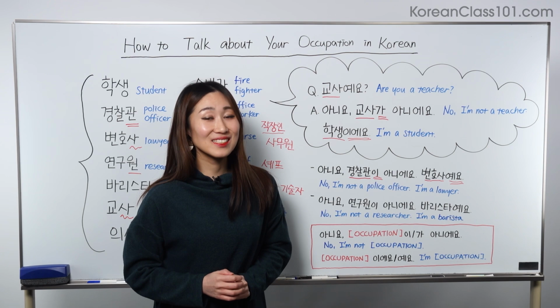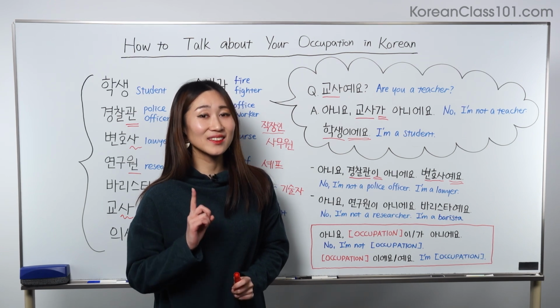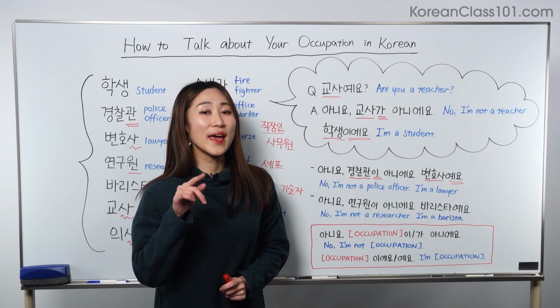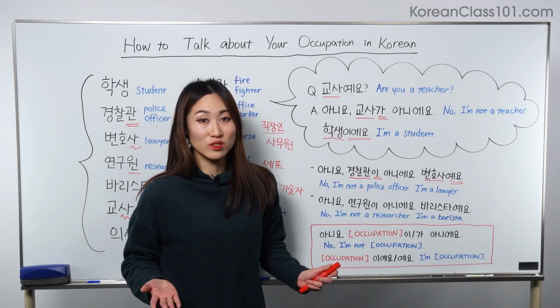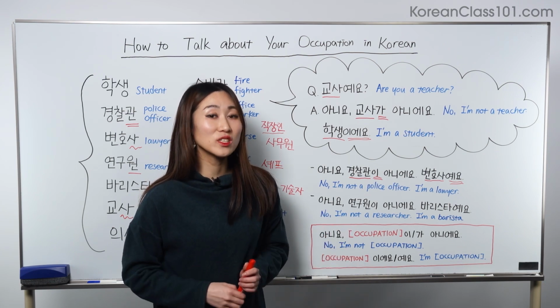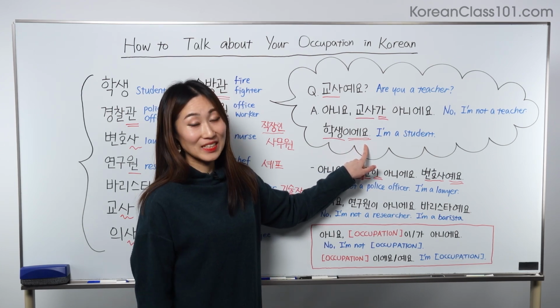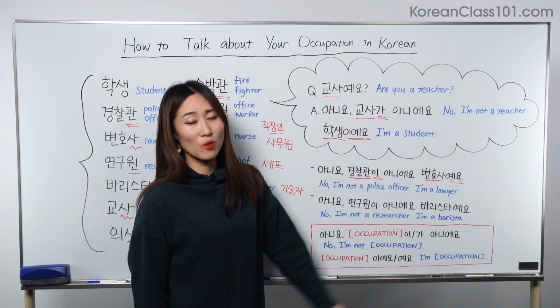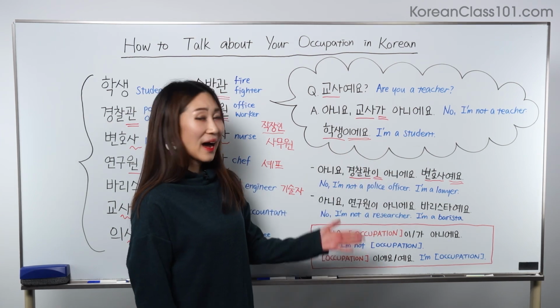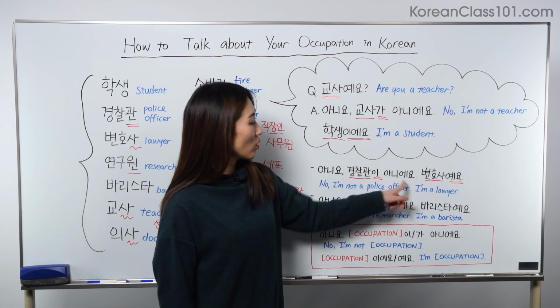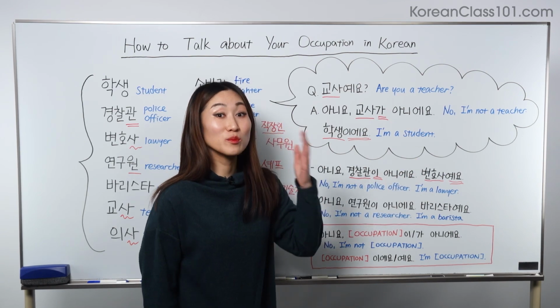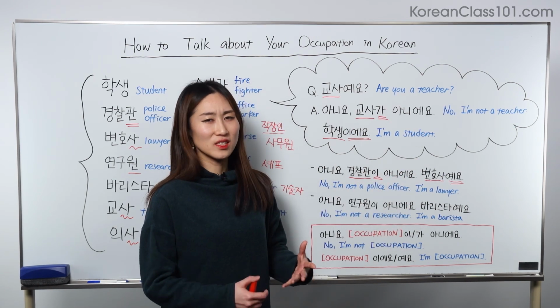학생. It ends with an ng sound, which is a consonant. So when the word ends with a consonant, you use 이에요. It means to be, or it is, or I am. We are omitting the subject here, so you have to guess.